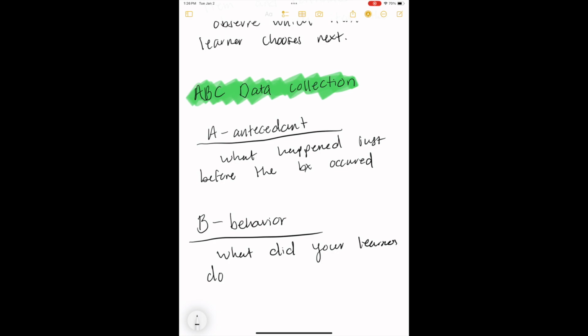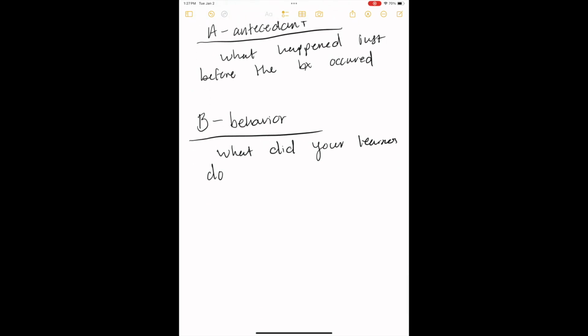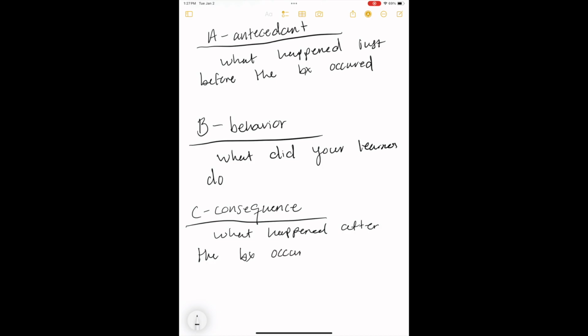And then C is consequence, right? So then we have C. Consequence. What happened right after the behavior? What happened after the behavior occurred?